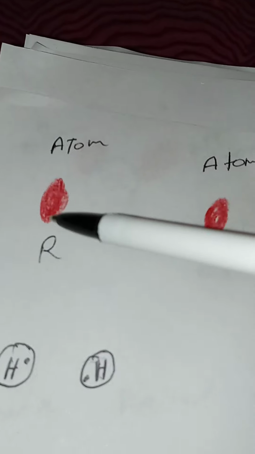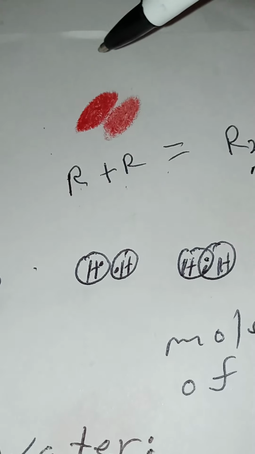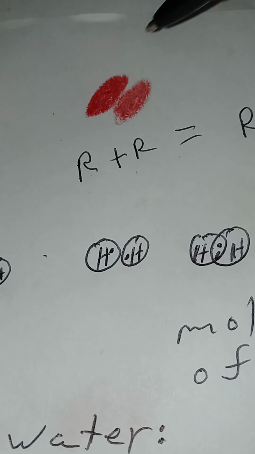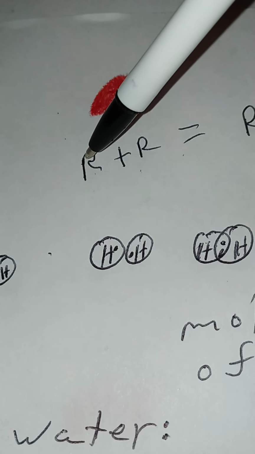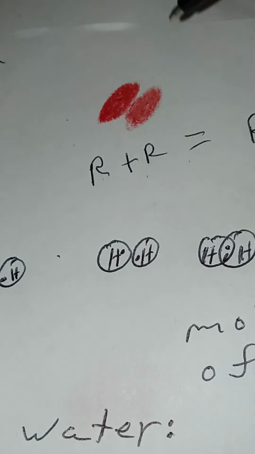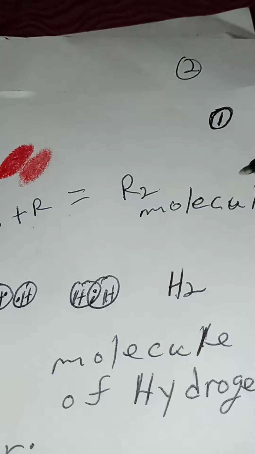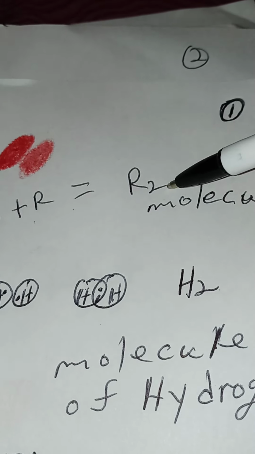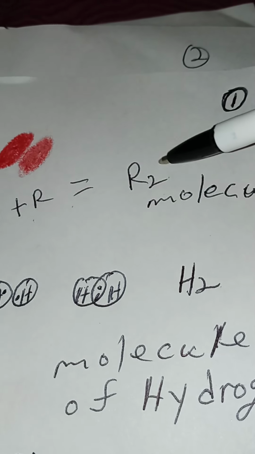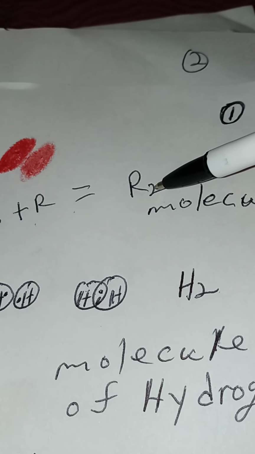Let's say these two atoms get together. Each R is a red atom, which is pure. Then you can write this gathering together as a capital R with a 2, two atoms of red getting together. So you put the 2 right here.